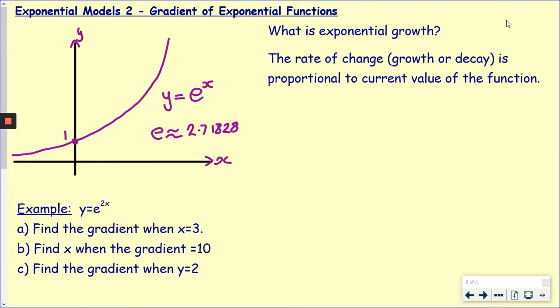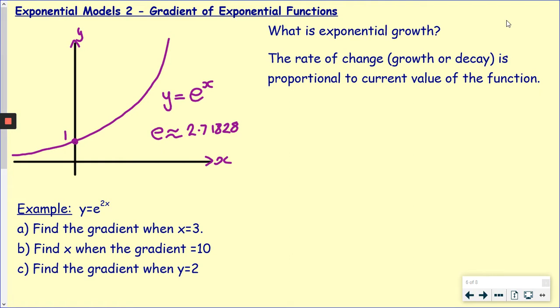One that you would have heard a lot about is the spread of the coronavirus. When it initially came out, people were talking about exponential growth because the number of new infections, that is the growth, was proportional to the number of people currently infected. That is the value of the function at that moment in time.